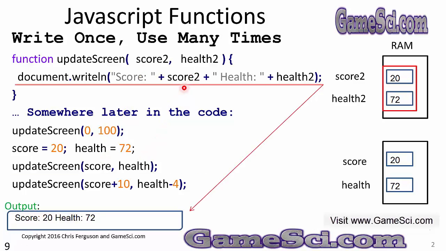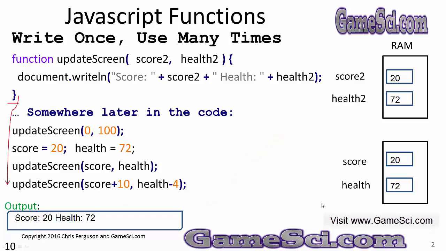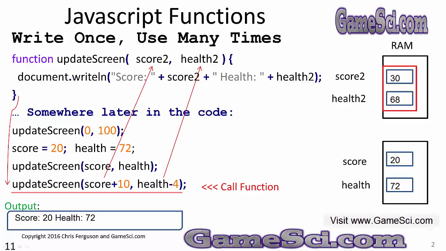Score2 has the value 20, so a 20 shows up on the output. Health2 has the value 72, so a 72 shows up on the output. When we're done executing updateScreen, we'll hit the end of the function and execute the line after the call to updateScreen. The line after the call is another call to updateScreen.